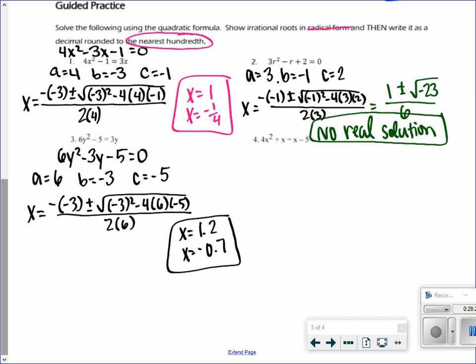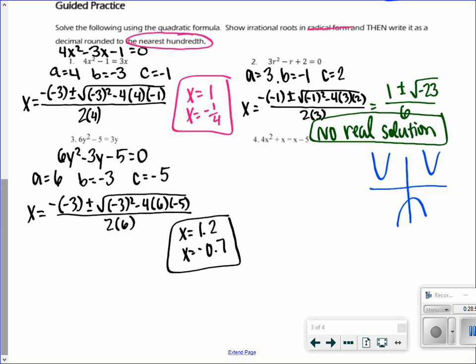So what would that mean about a graph? It would be a graph that looked like this, or looked like that, or looked like this. It'd be one of those graphs where you don't see it crossing the x-axis. Think about a square root. How do you get the square root of something? Well, it's what number times itself gives you that. How do you get a number that multiplies by itself to give you a negative number?